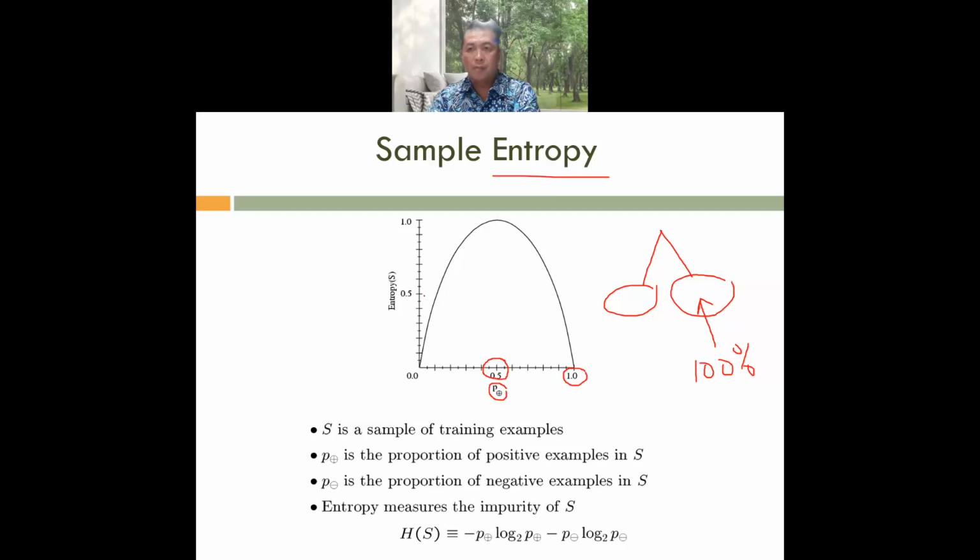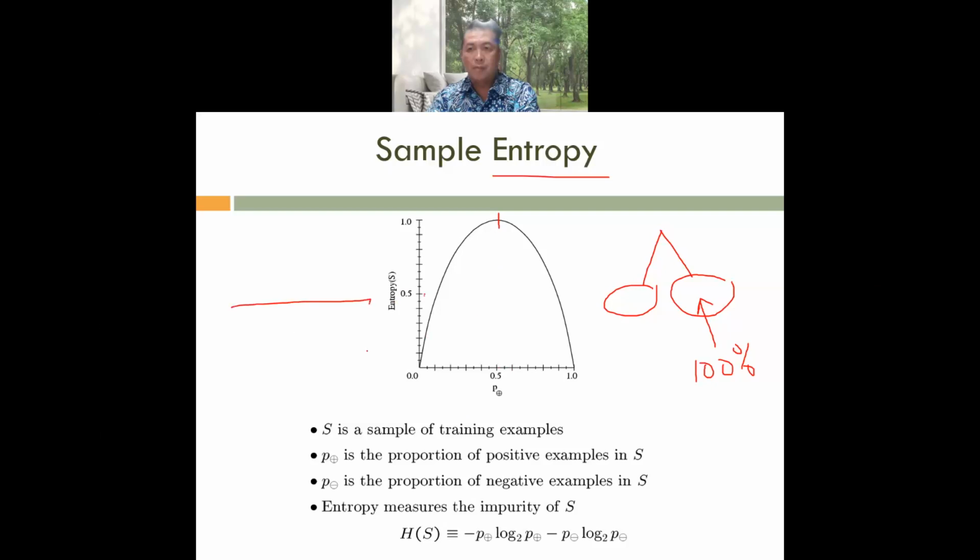Let me repeat that. Based on this diagram, your entropy value will be 1 here, meaning that you have 50-50 of positive and negative.